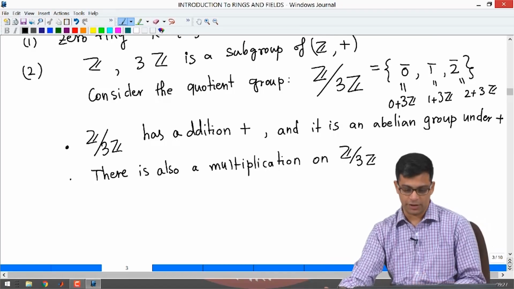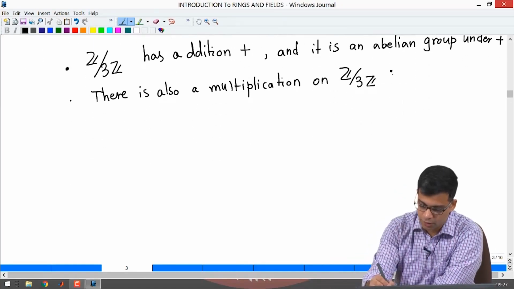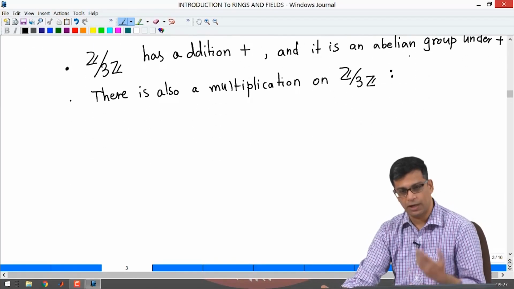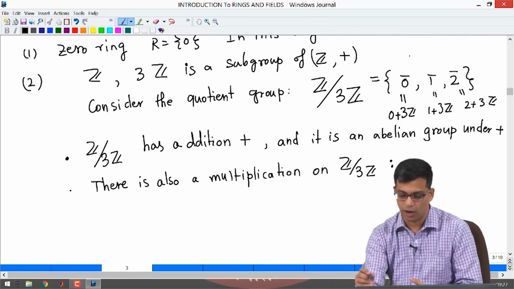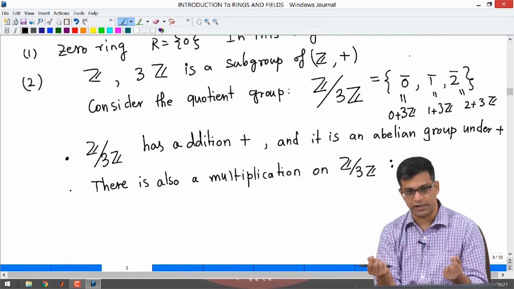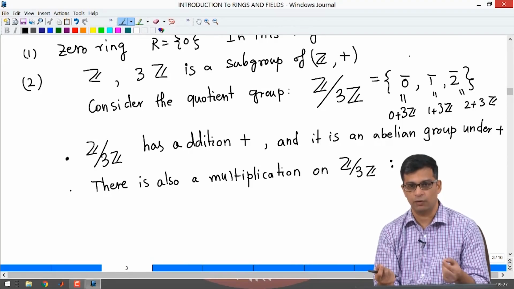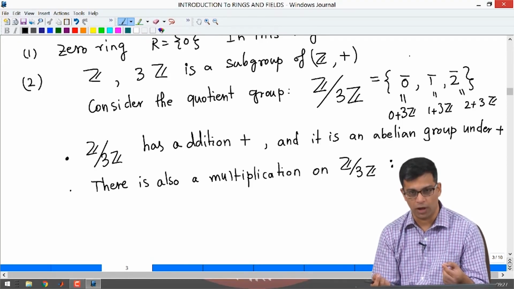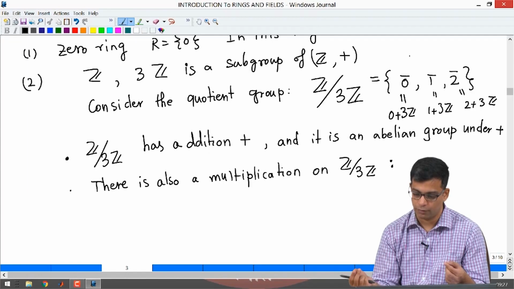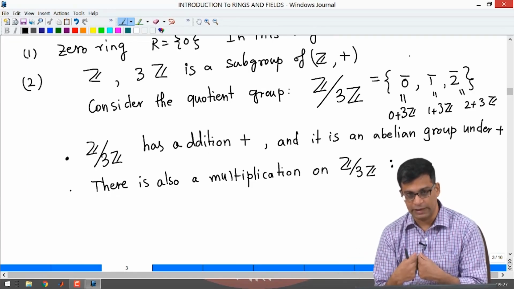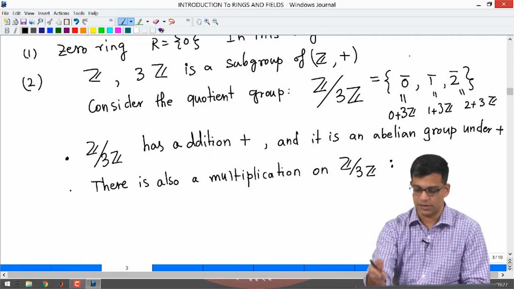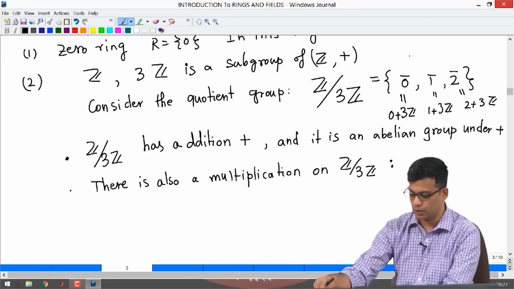It has only 3 elements, right, so it is easy for me to define the multiplication. I will tell you how to multiply. You multiply just like you add. How did you add 1 bar and 2 bar? You picked any representatives of those cosets. For example, for 1 bar you can take representative 1, for 2 bar you can take representative 2, and you add them. You get 3, so you take the coset of 3, which is 0. You do exactly the same thing for multiplication.